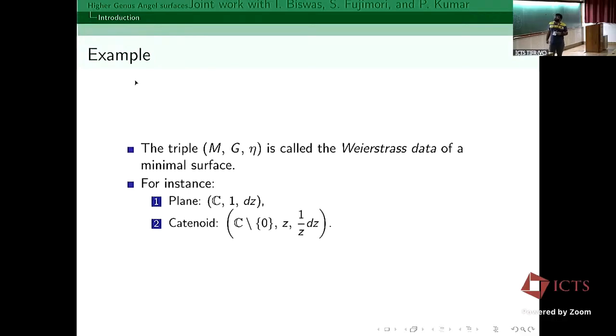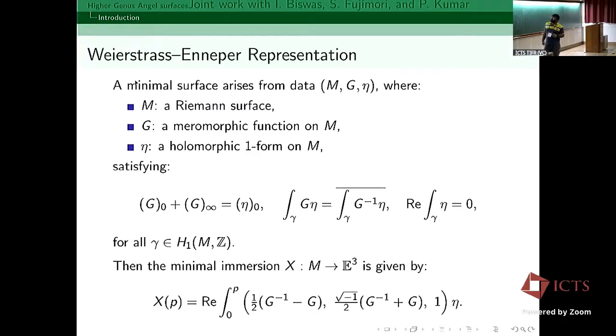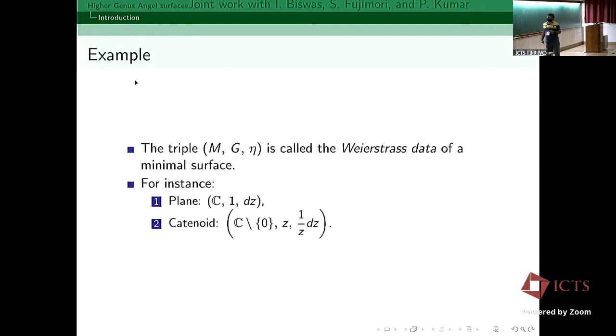In general, a minimal surface can be anything, but if we add two conditions, completeness and finite total curvature, the Riemann surface turns out to be a compact Riemann surface with finitely many punctures, and G and eta can be extended to the whole closure of M. What are completeness and finite total curvature?